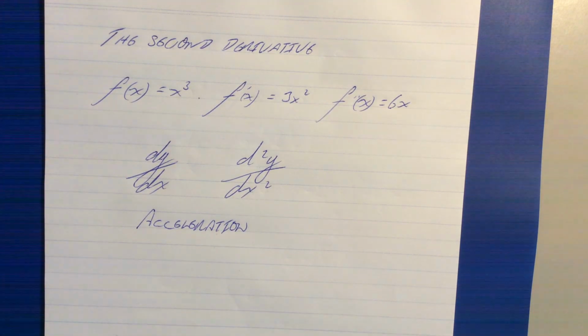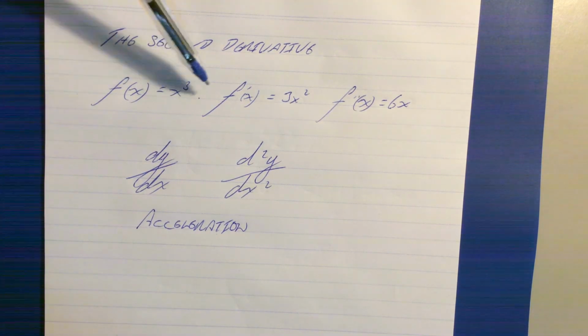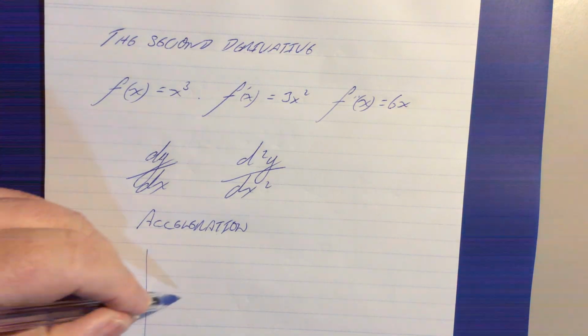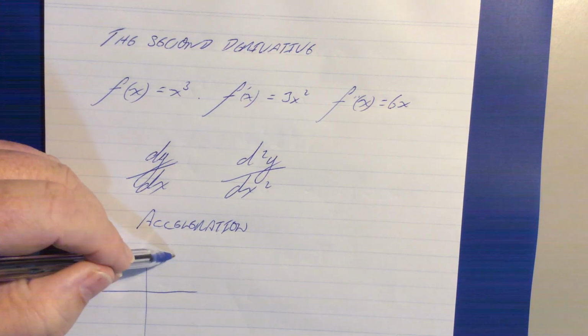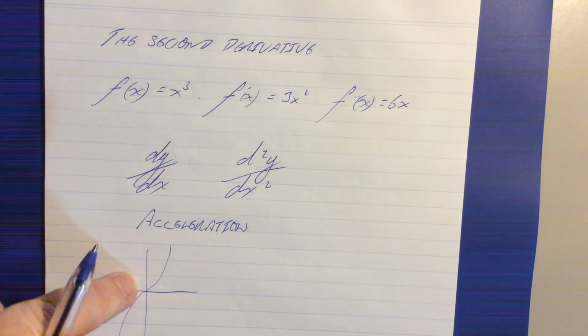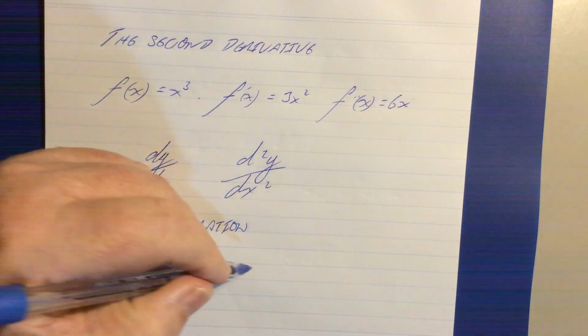So, what does it tell us about the speed of something and how it changes, and why does it tell us that? Well, if we think about what happens when we derive a function, so let's just do this. So there's our original function.